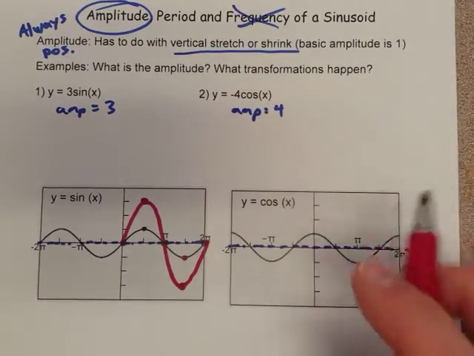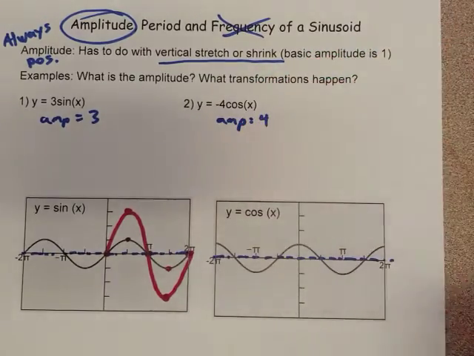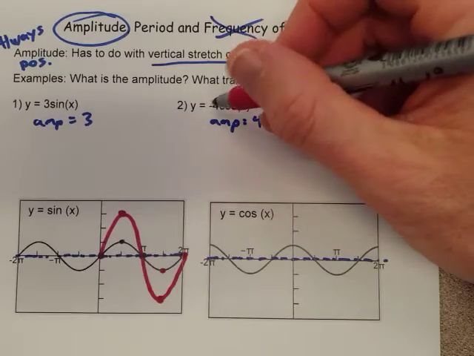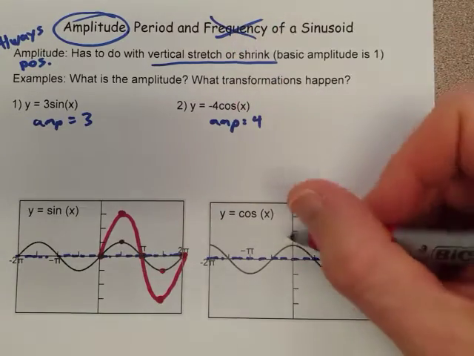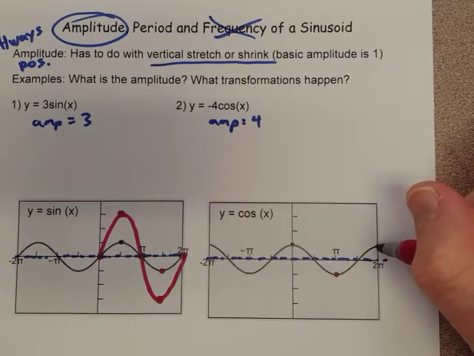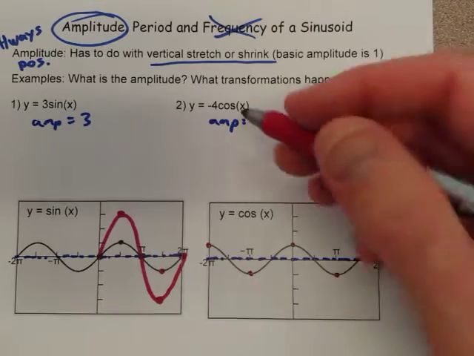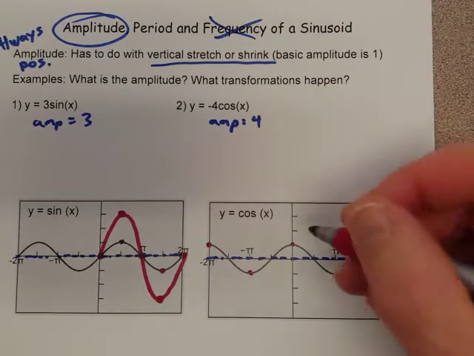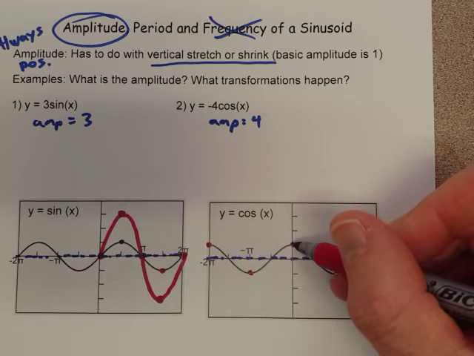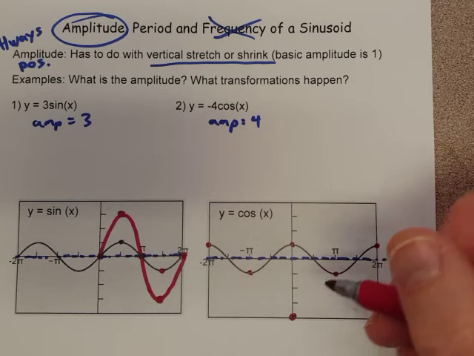Now the second one, instead of just cosine, we have -4 cosine, and it's going to do a lot of the same thing, except for, notice that there is that negative out in front. So I'm still just going to use it like I would any vertical stretch or shrink, but in this case the negative also makes it flip. So I'm going to take this one, this has a y value of 1, I multiply that by -4, and then it flips it to -4.